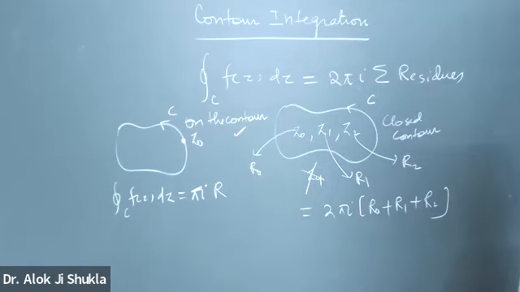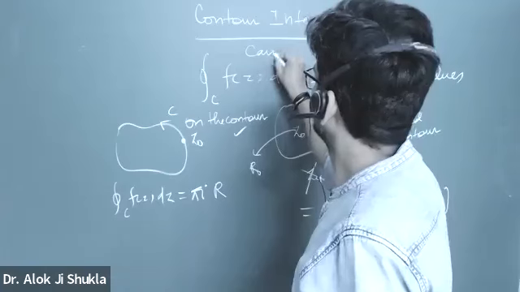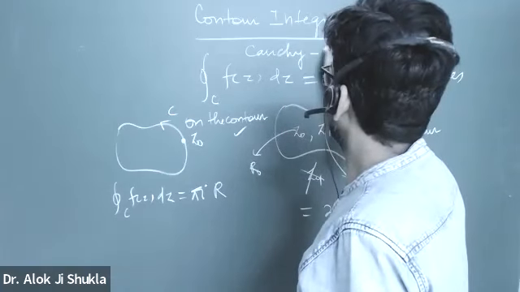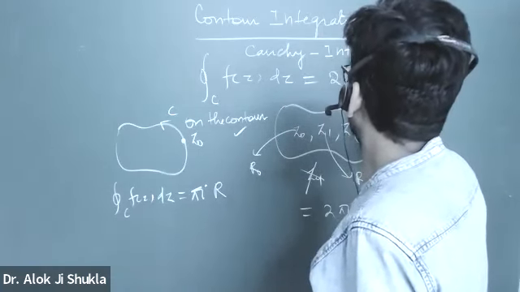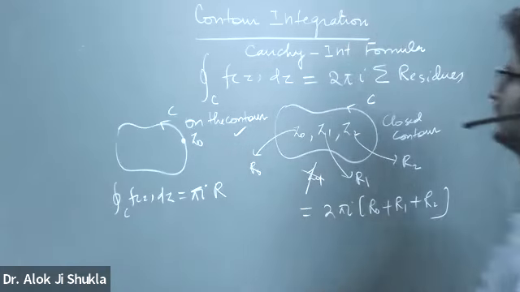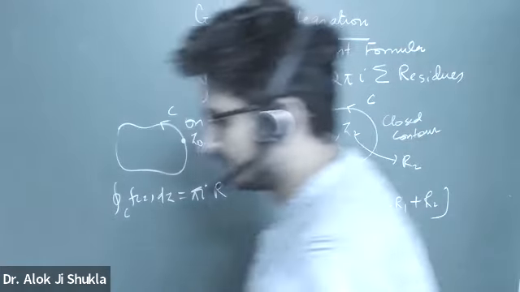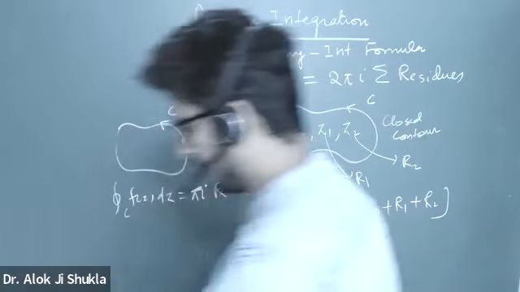For any complex function and for any contour, we can apply this formula. This is known as the Cauchy integral formula. All right. So let us solve a few questions on this.